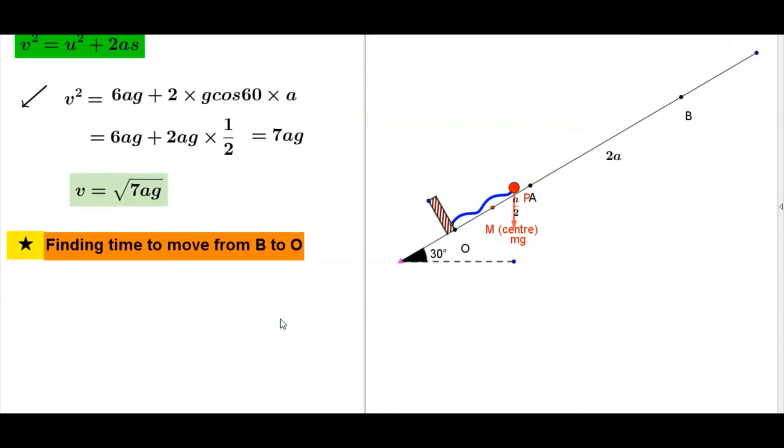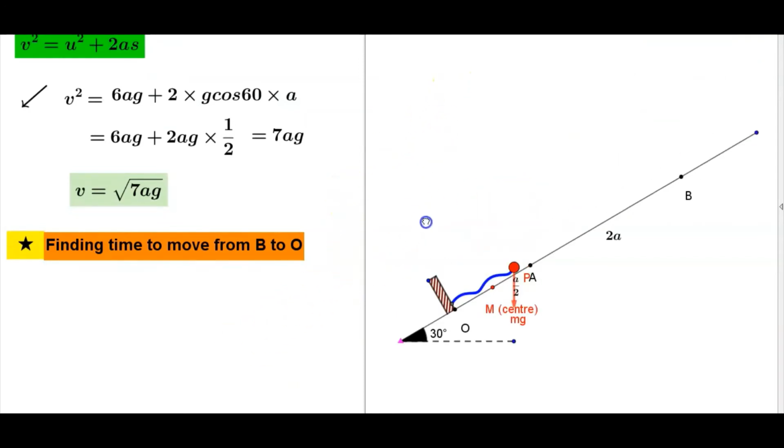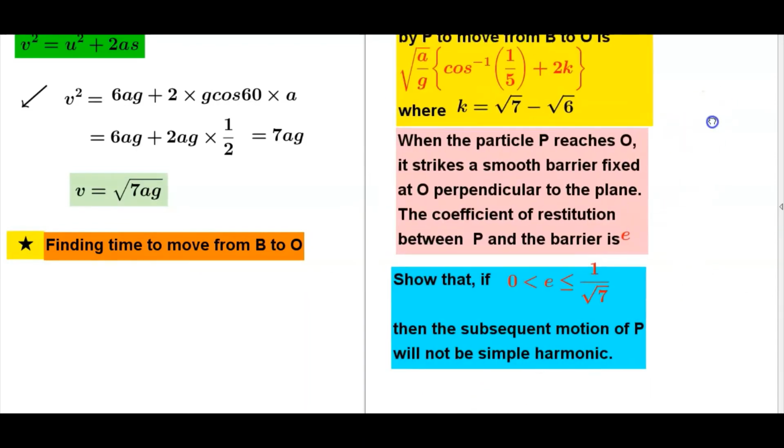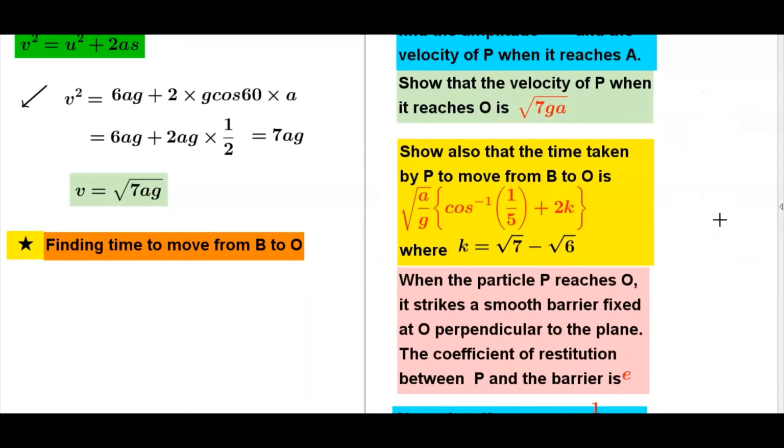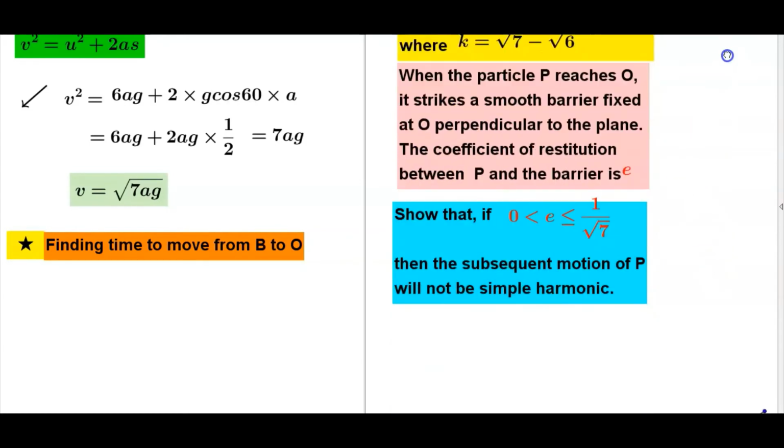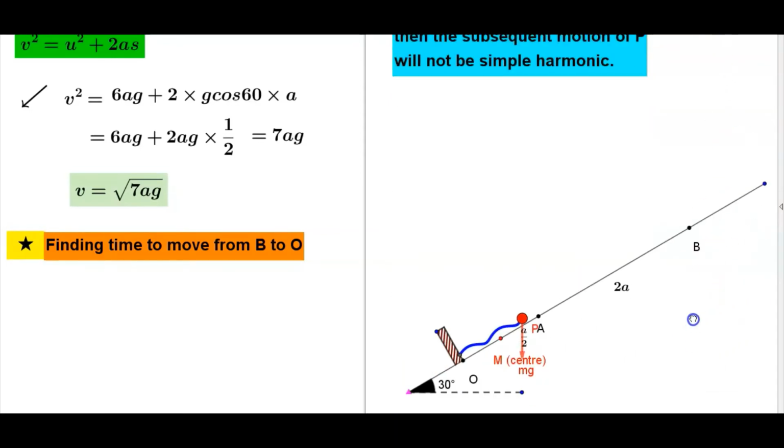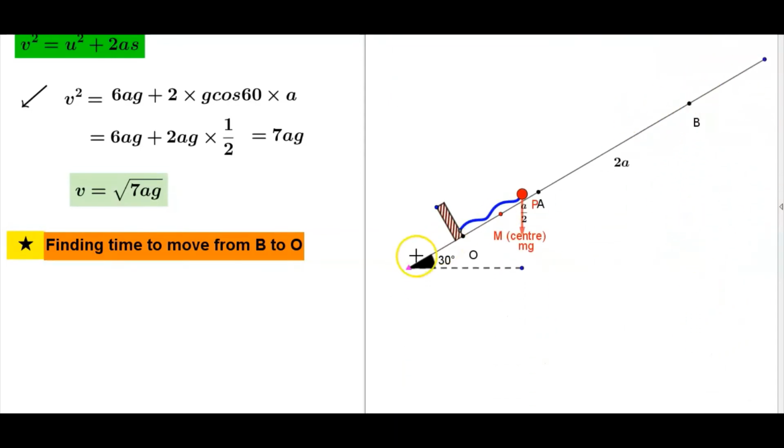Finding time to move from B to O. The next part of the question: show also that the time taken by P to move from B to O. You want to find the time from B to O. From B to A is simple harmonic motion, from A to O is gravitational motion.